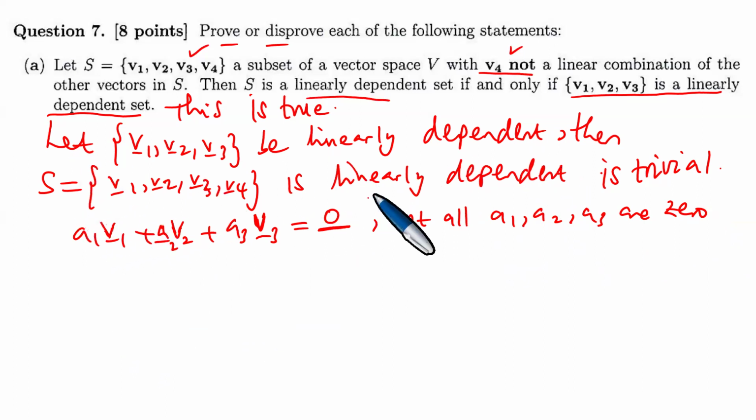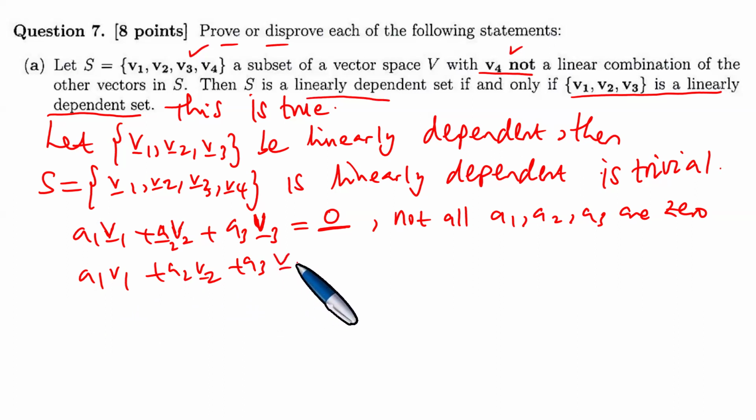Then now, if you include the fourth vector. You include the fourth vector. So you can then say there is A1 V1, A2 V2, A3 V3, but you're told that V4 is not really a combination of the other vectors in S. Right.